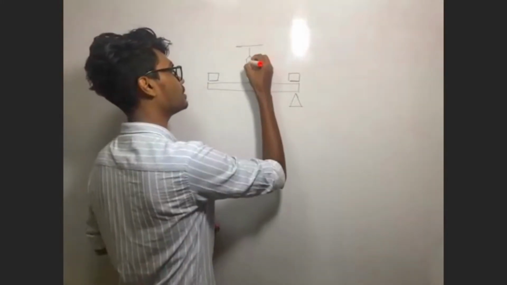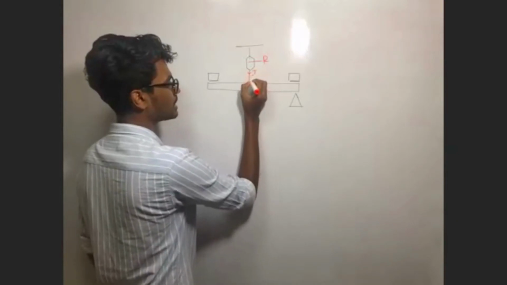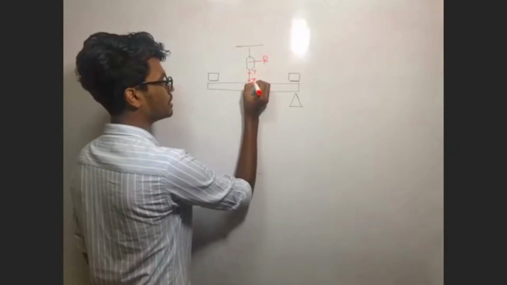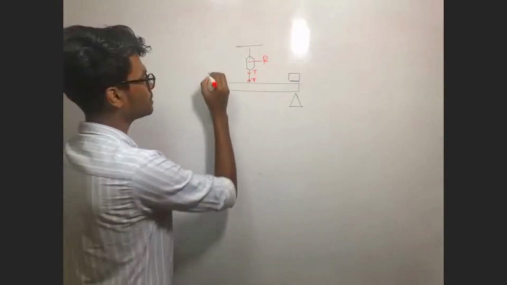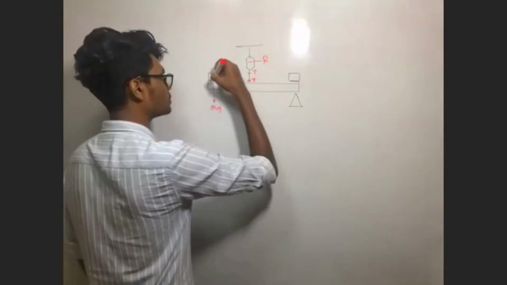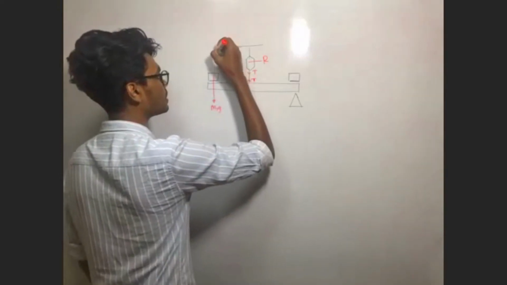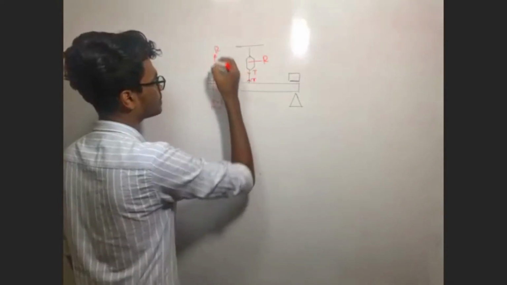Reading of the balance means the tension acting directly below it. So this is M1. M1 is going to have a weight M1G. A reaction is going to be on this, R1.